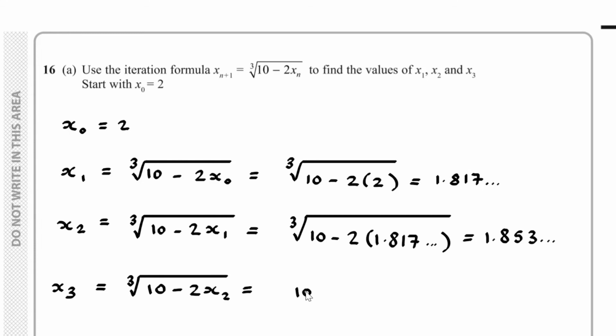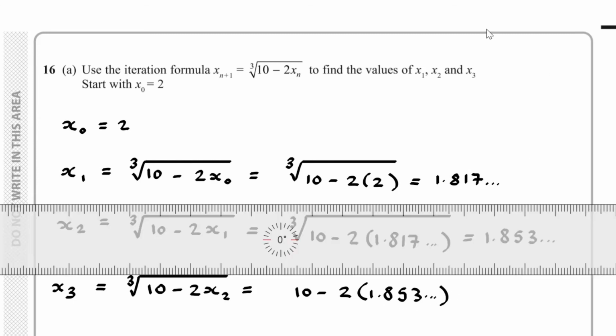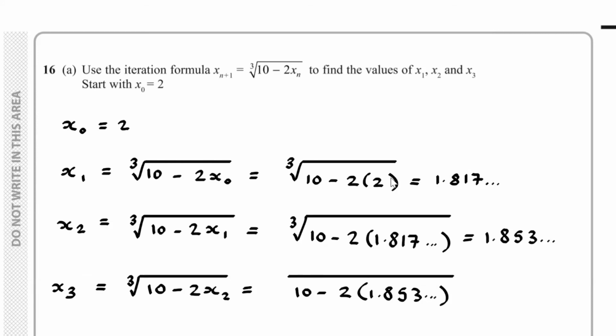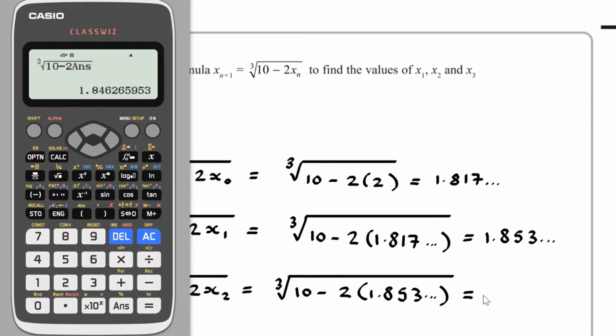So I have 10 minus 2 times 1.853, etc. And this is cube rooted. So I get 1.846, etc.